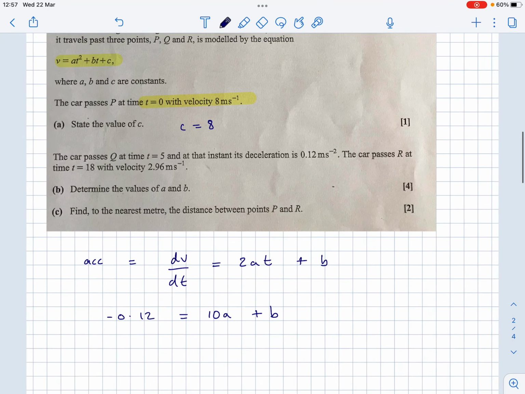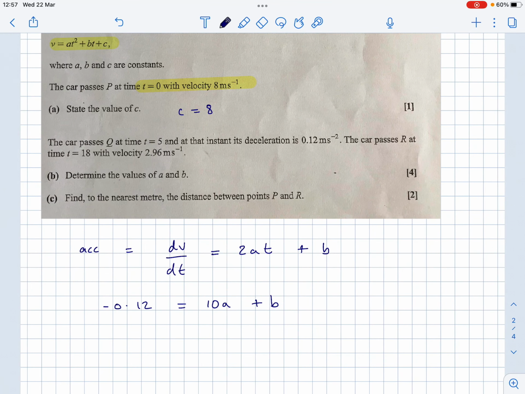Next one, just going to keep that equation there, is the velocity is 2.96 at time being 18. So t squared, so 18 squared is 324.